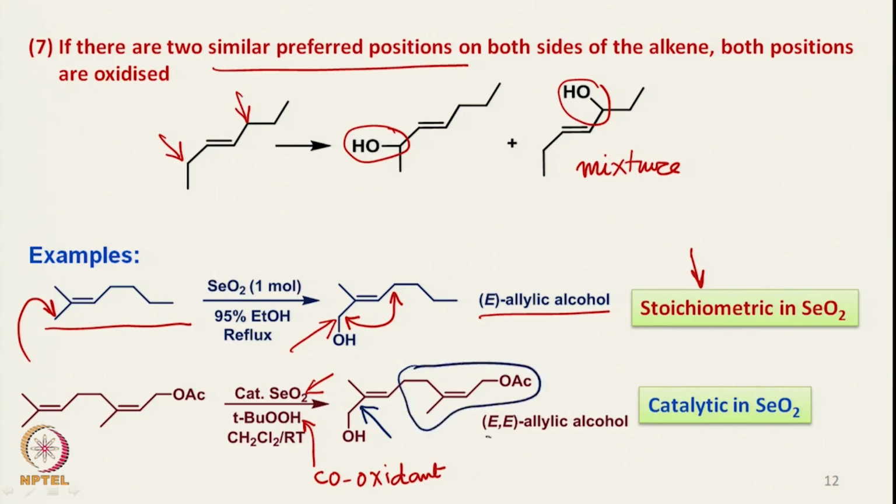So, one gets this EE, that means E is here and also E is here. So, you get an allylic alcohol, which is an acetoxy alcohol, but having EE geometry.